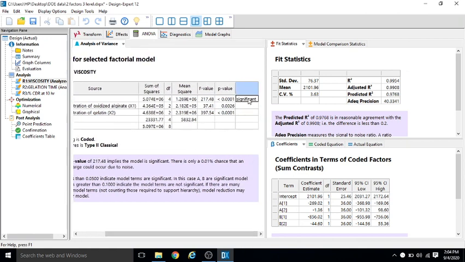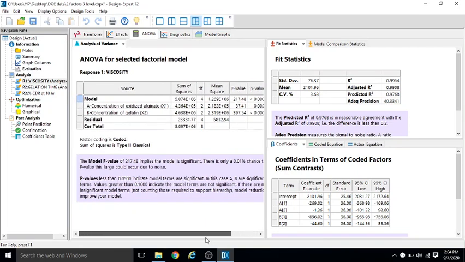If you find that the model is not significant, then the conclusion is that your readings are not correct and you have to go for the experimentation process again and collect data again. Also, it suggests that the factor coding is coded and the sum of squares is type 2 classical.